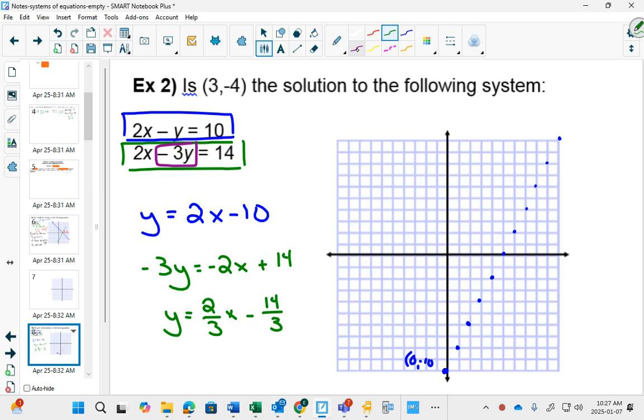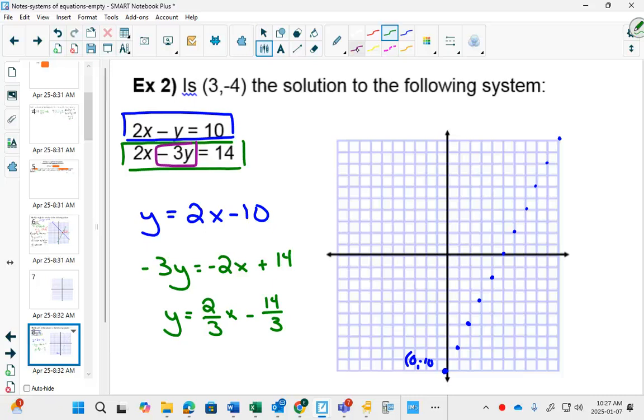This is a great example of where I actually don't like my y equals mx plus b method. Why don't I like my y equals mx plus b method for graphing? Anybody know why I'm not very happy right now? m is a fraction. Blech.